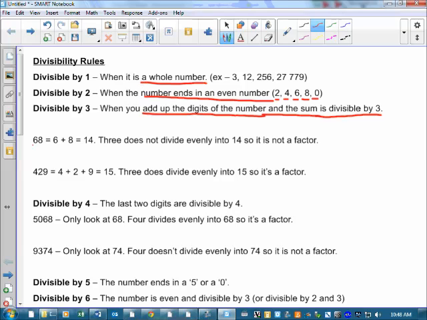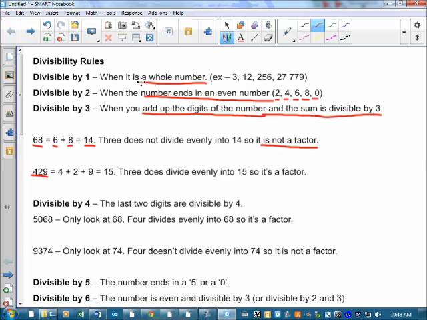So take a look here. We've got 68. So the individual digits, that's 6 plus 8, and that equals 14. Then you look at just 14 and you go, let's see if 3 goes into 14. You use your skip counting. 3, 6, 9, 12, 15. Oh, we didn't land on 14, so that means 3 is not a factor.